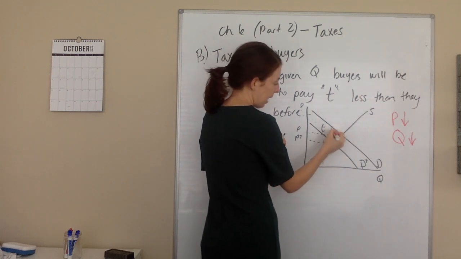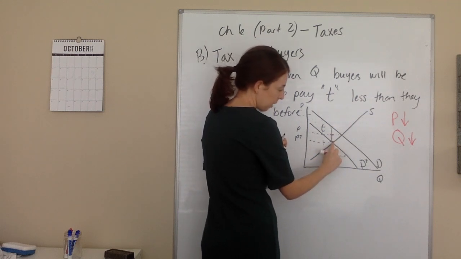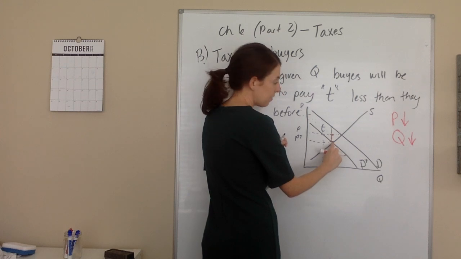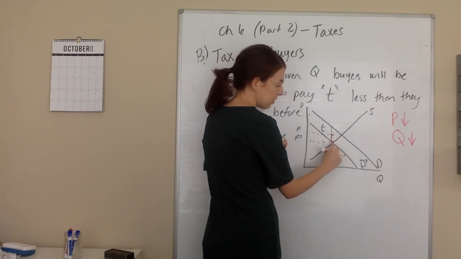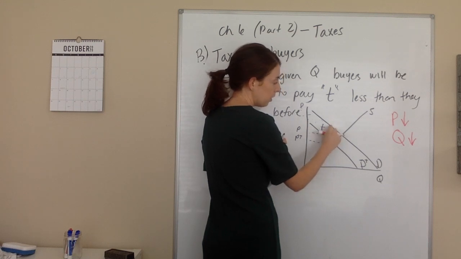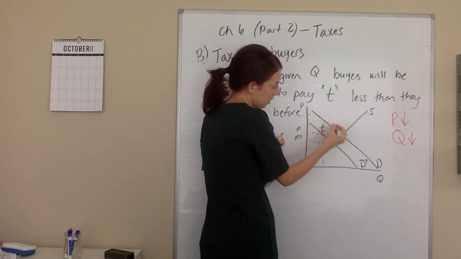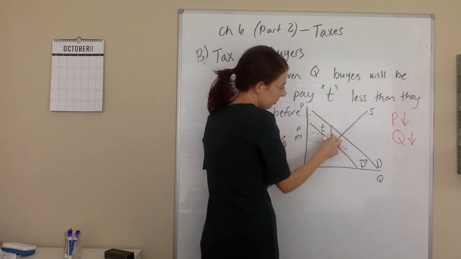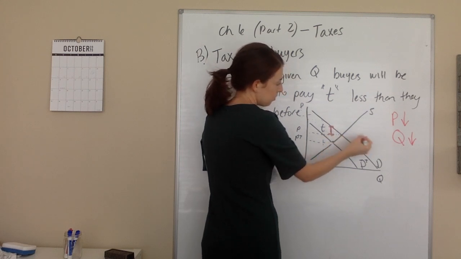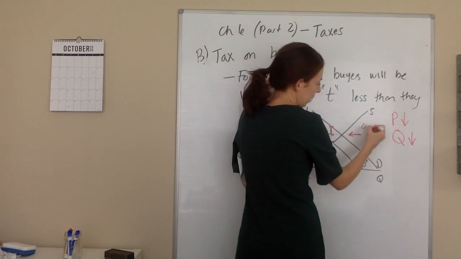So we're going to say this is the sticker price, and then because I have to pay the tax, the dollars that I'm on the hook for are going to be T dollars higher than this, so I'm really on the hook for this many dollars. So if this was the original price and now I'm on the hook for this many dollars, then this upper leg here is going to be the consumer's tax burden.